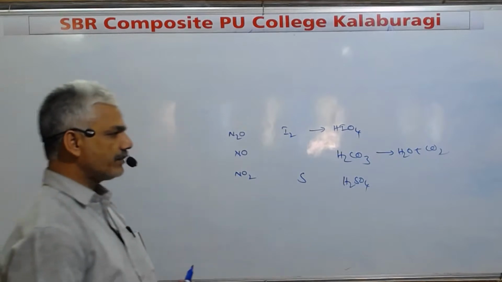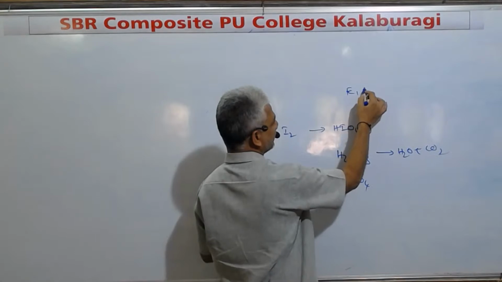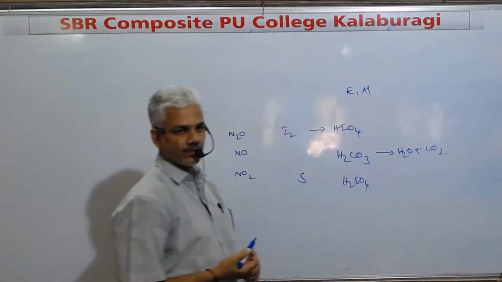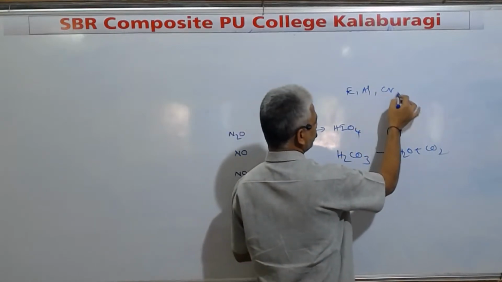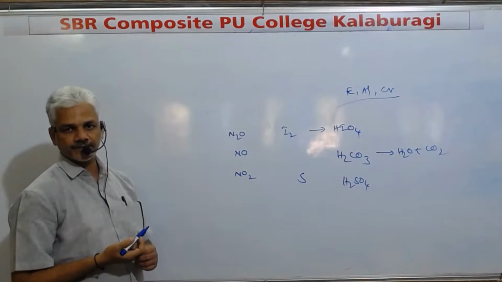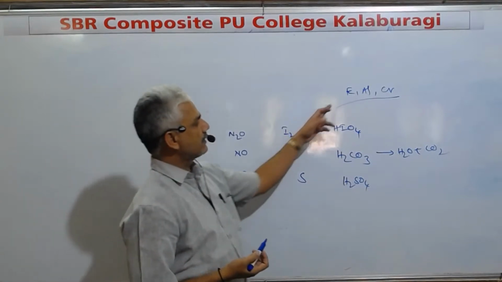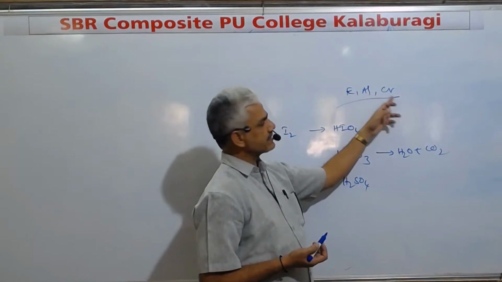And if you take base metals like iron, aluminium, chromium, when these are treated with nitric acid, what happens? An initial reaction takes place. But because of that initial reaction, what happens?